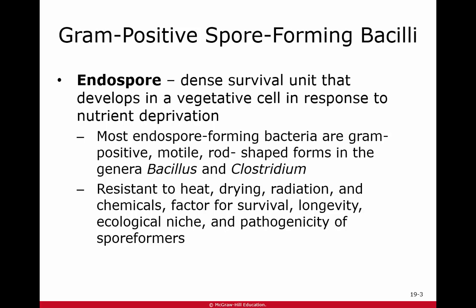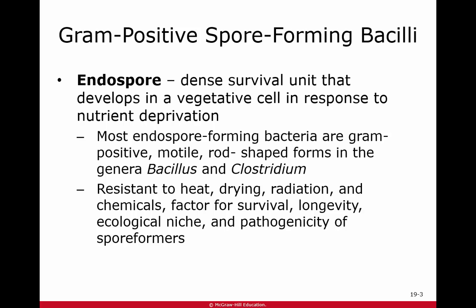Now, an endospore is a survival unit, and it develops in a vegetative cell when it doesn't have enough nutrients. Most of the bacteria that make endospores are gram-positive, they are motile, and they're rod-shaped forms coming from the genera Bacillus and Clostridium.